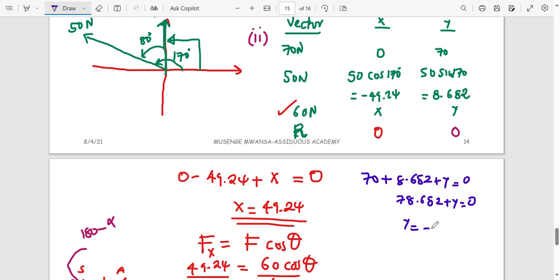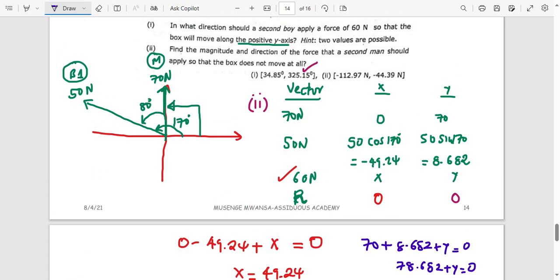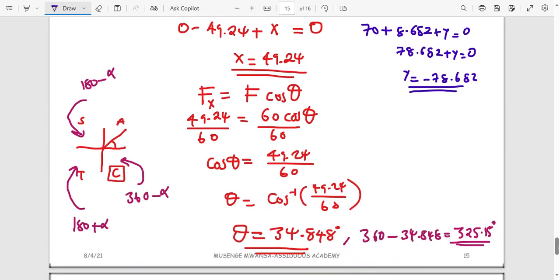So y is going to be equal to negative 78.682. There, we have found the y component. But remember, the question is, what is the magnitude and direction? So let's start by finding the magnitude.